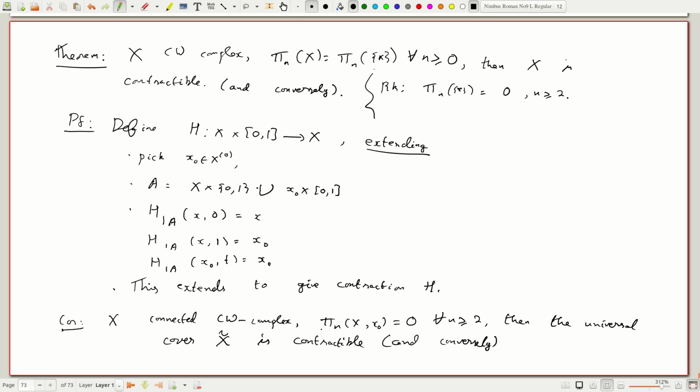And so it becomes contractible. And conversely, if it's contractible, then all higher homotopy groups vanish. And so X also has higher homotopy groups vanishing. Okay, so these are going to be our Eilenberg-MacLane spaces. They are going to be extremely important because we are going to look at Whitehead theory exactly in these contexts.